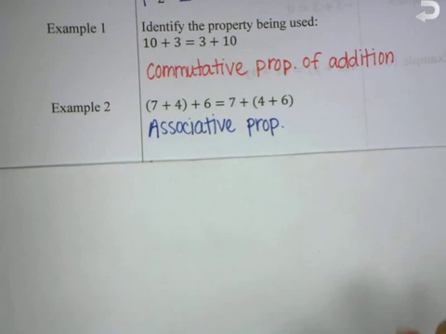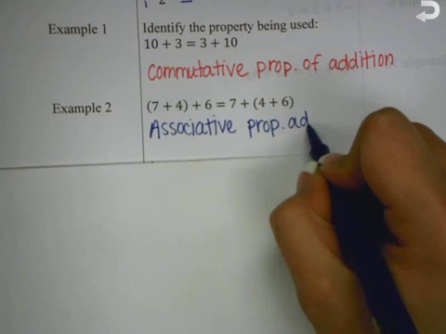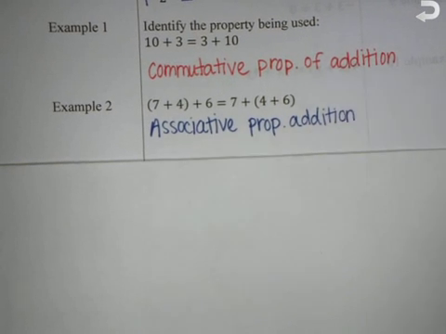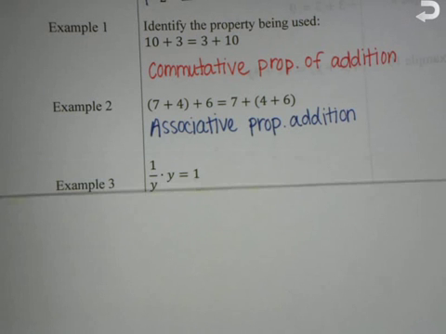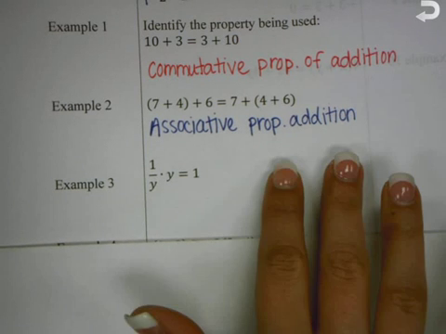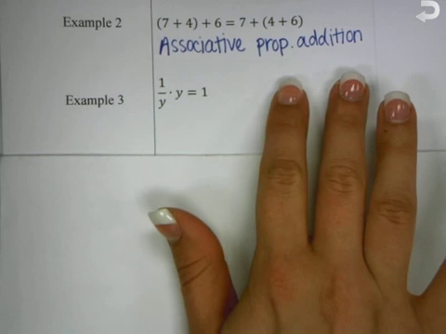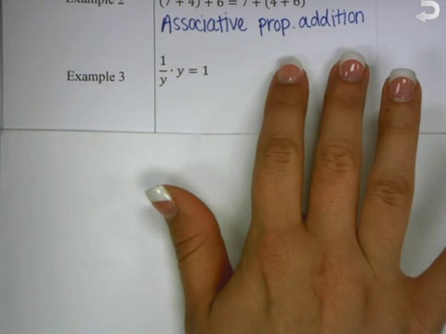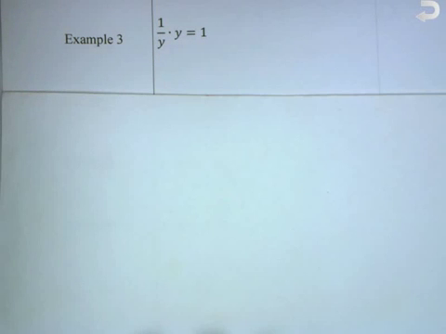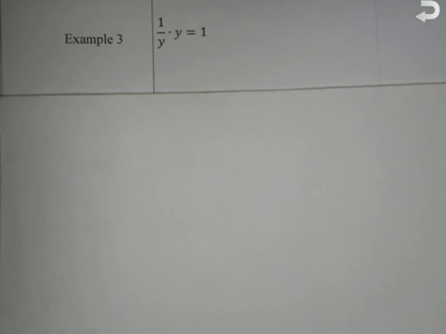This time we have 1 over y times y equals 1. What is this one? Look in your spiral book. Rolando, what do you think it is? Inverse. Yeah, it's the inverse for what? What are we doing? Are we adding or multiplying? Good, multiplying.